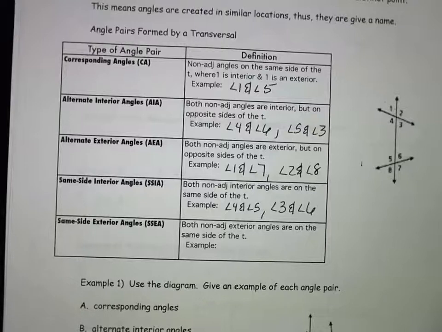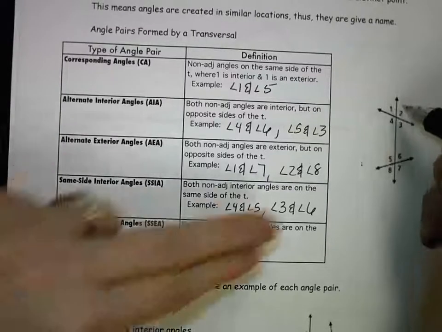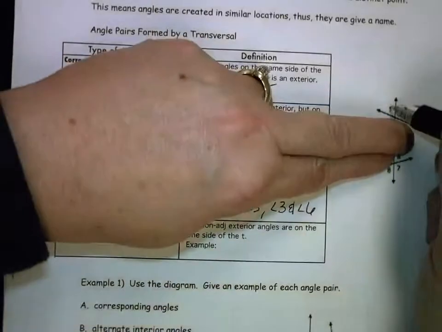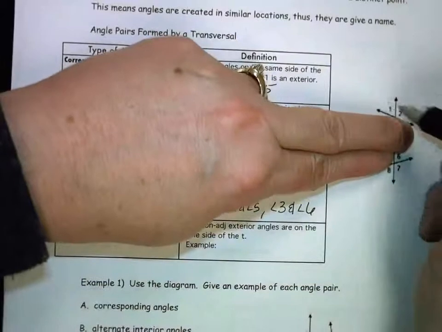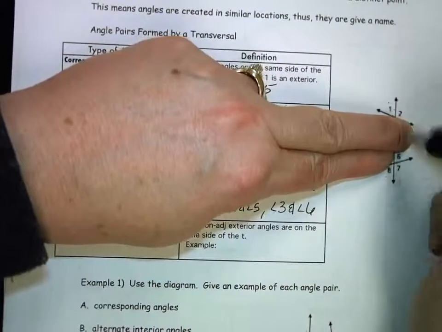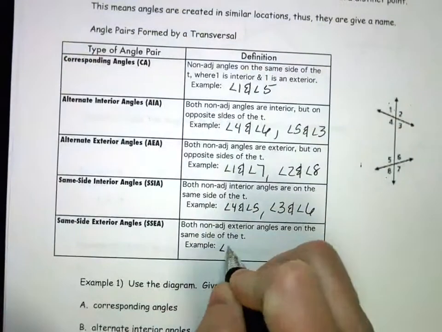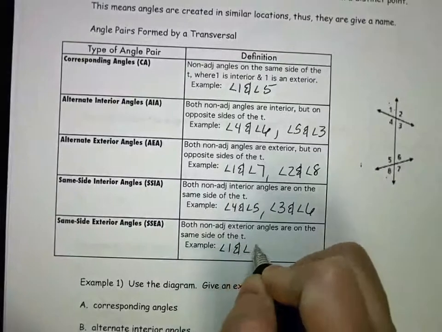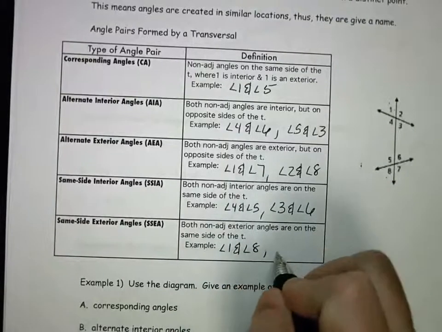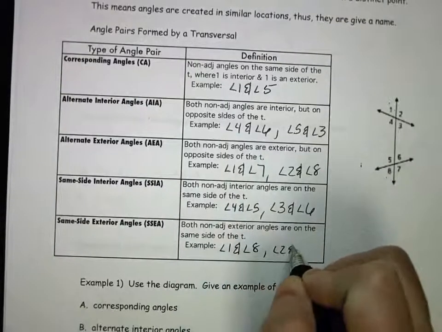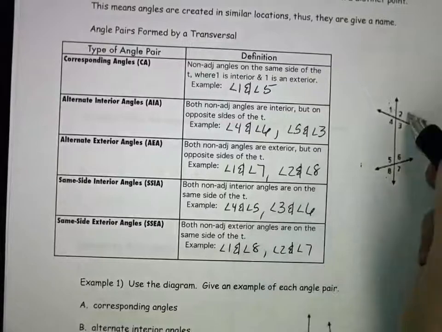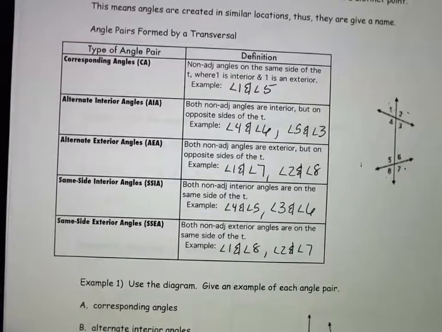Same side exterior. Exterior again is on the outside, and now you want them on the same side of the transversal. So you could have angle 1 and angle 8, or angle 2 and angle 7 are also same side exterior.